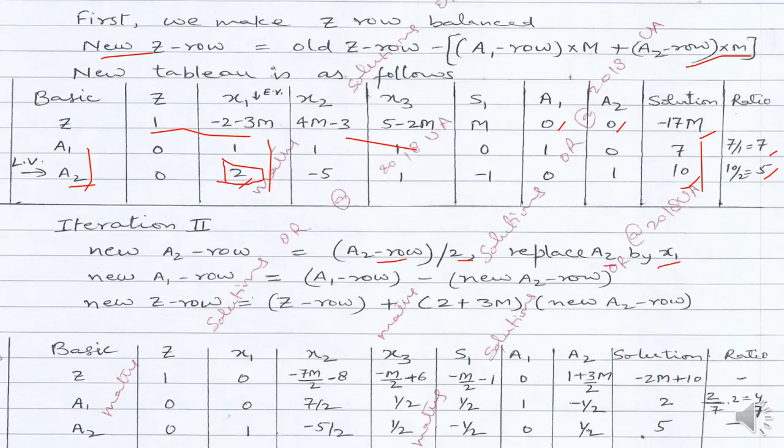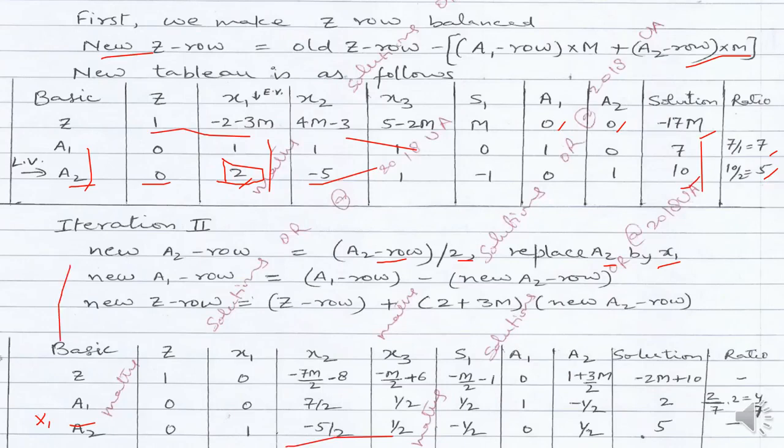So here we can write x1 instead of a2, and we can see each term of this row has been divided by 2, and we got this new row here. So this is new a2 row, which is now x1 row, and with the help of this we will be writing new a1 row and new z row by using these formulas.